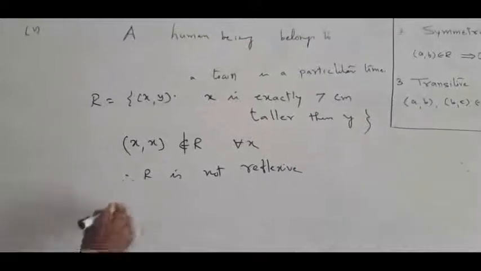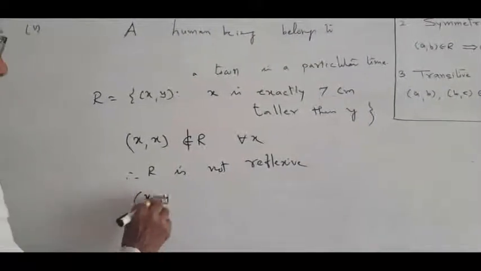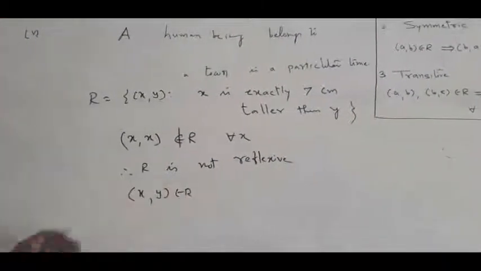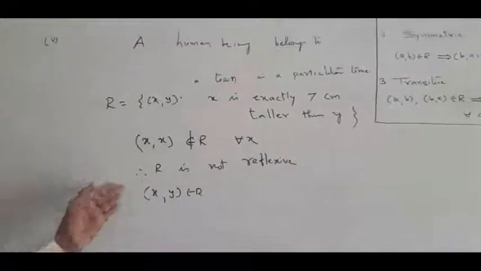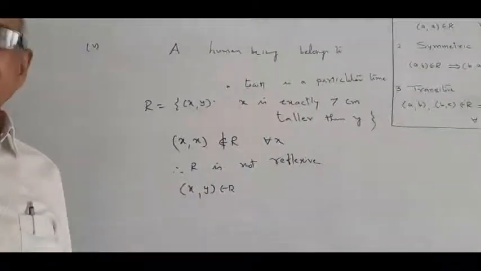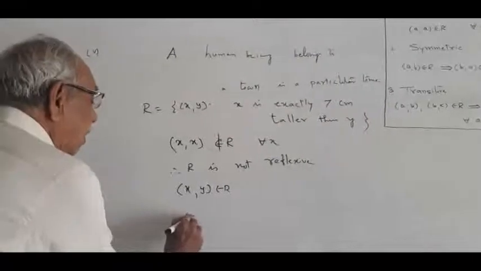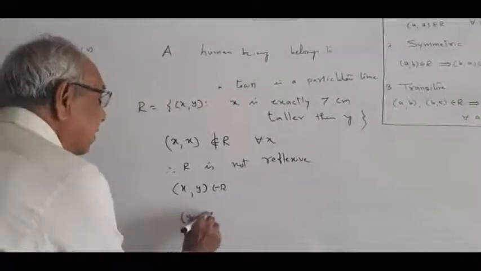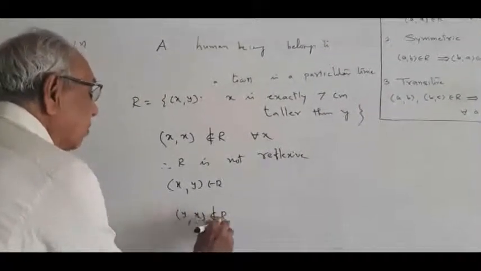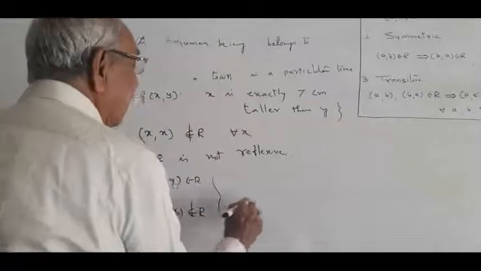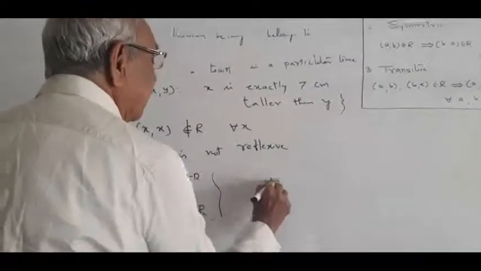Now, when (x, y) belongs to R, that means x is 7 centimeters taller than y. Then naturally y is not taller than x, right? Means (y, x) does not belong to R. That means the relation is not symmetric.